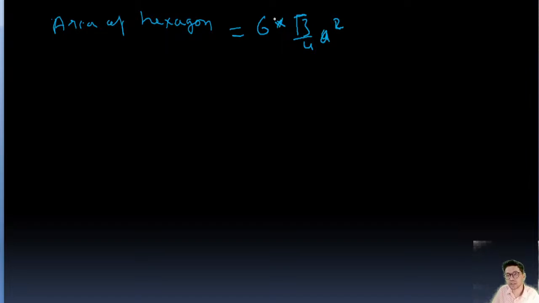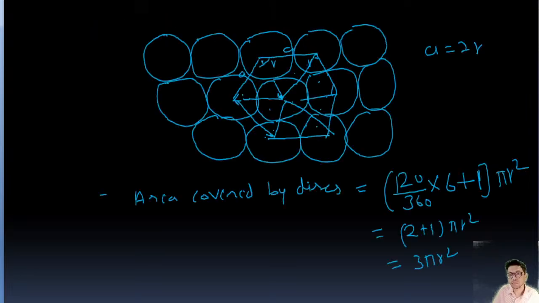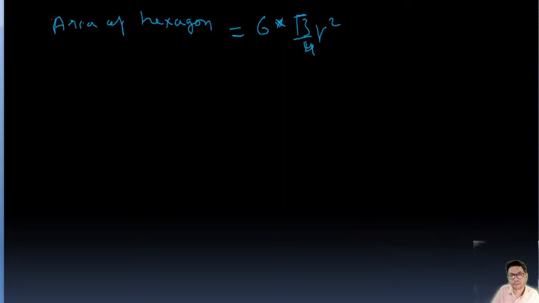So it is going to be 6 into root 3 by 4 a square, right? a square, my apologies, a square, because a is the side.